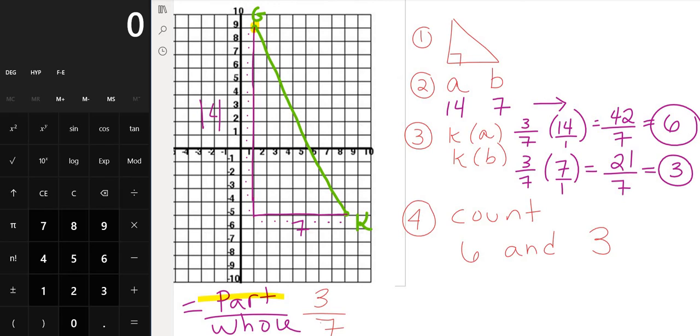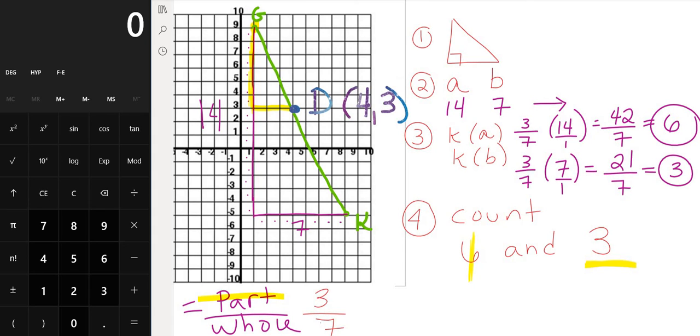So down 1, 2, 3, 4, 5, 6. This is 6 right here. And then we're going to count across to the right 3. So 1, 2, 3. Where we end up should be our point D, which is at 4, 3, just like we figured out with the formula.